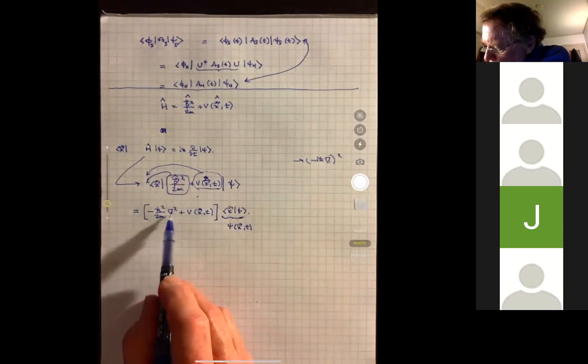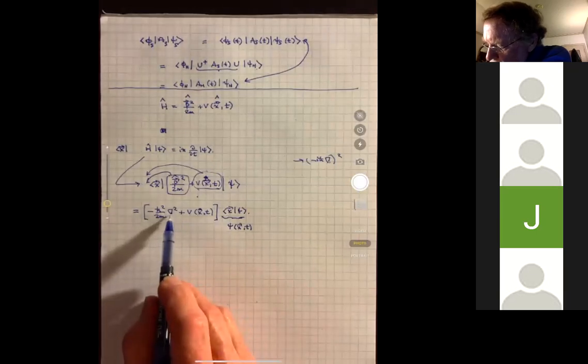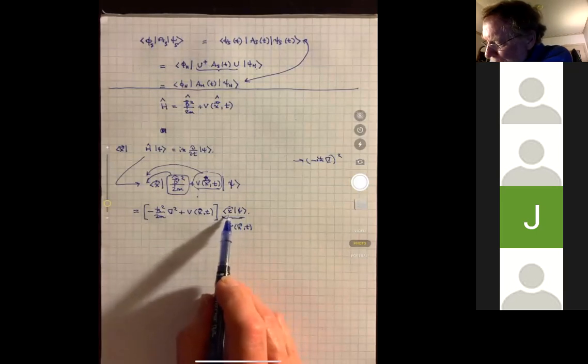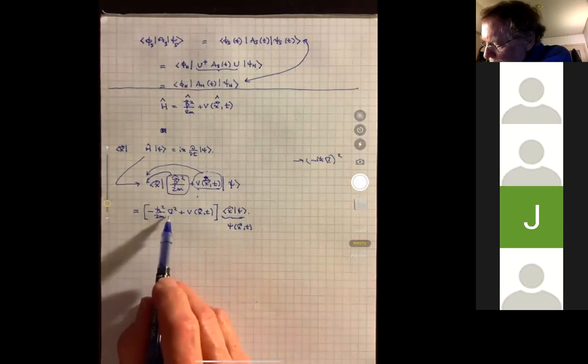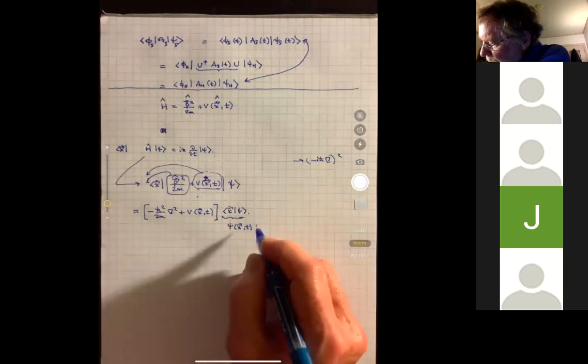You see, this del operator here only acts as a differentiation with respect to x. That does nothing to the ket psi. The ket psi doesn't depend on x. What depends on x is bra x here. So that differential operator acts on the bra x, but that's otherwise the x dependence of the wave function. So we start to see the usual Schrodinger equation.